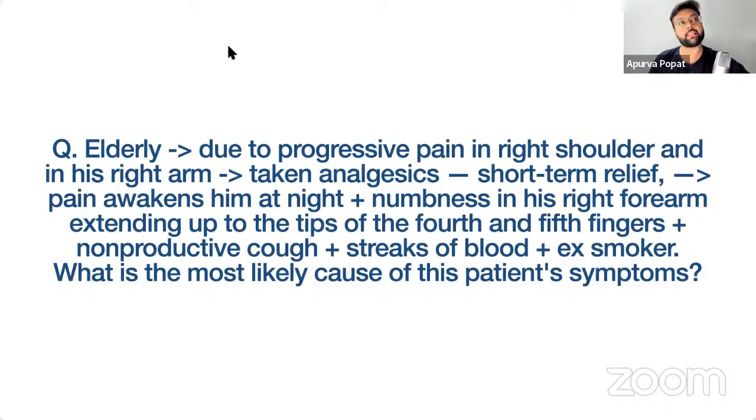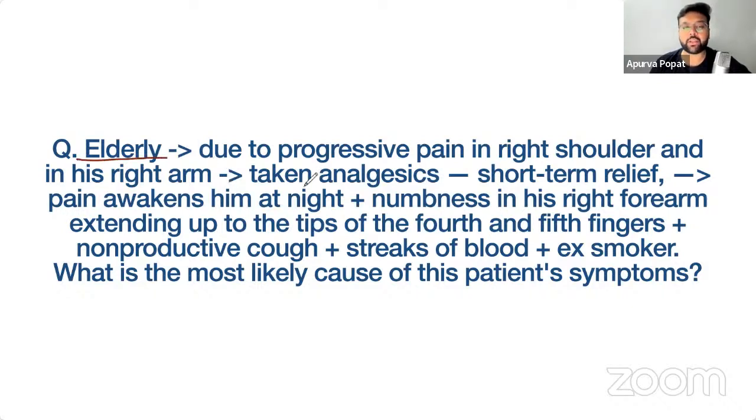Opsoclonus myoclonus is the term classically seen in neuroblastoma. In cerebellar ataxia, which you can get because of paraneoplastic syndrome, you can get similar manifestations, but that would be more like ataxia and all those things. Okay. All right.